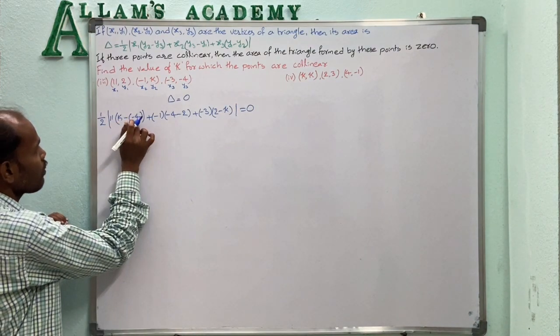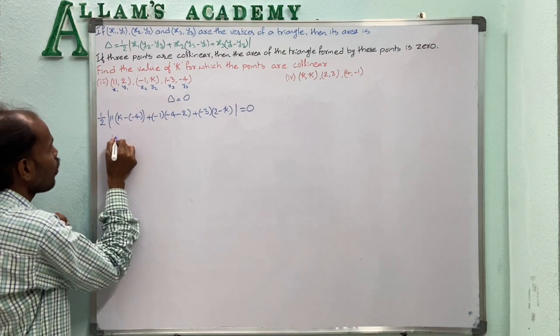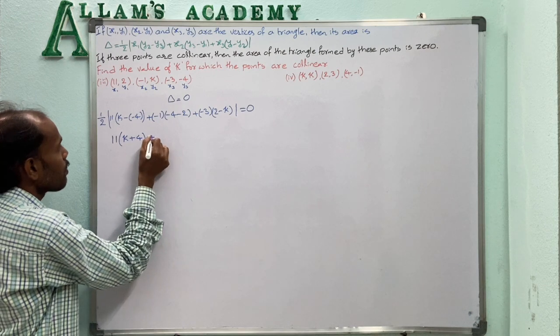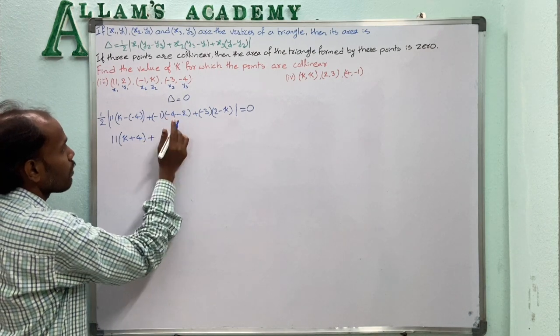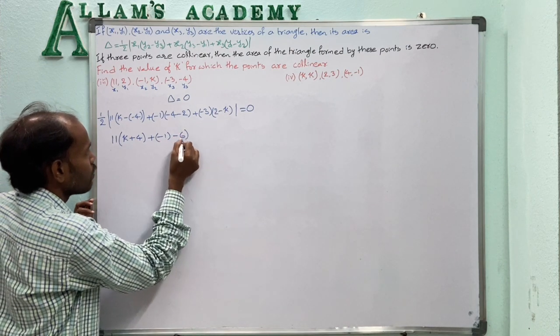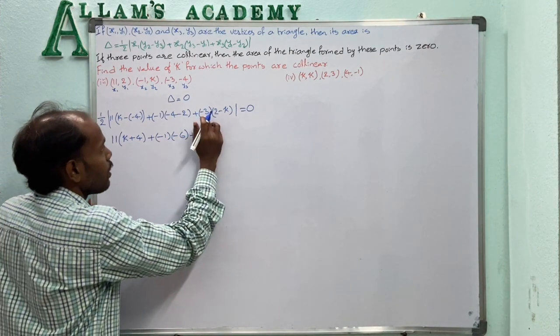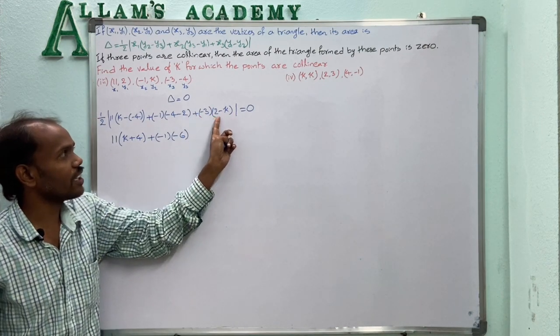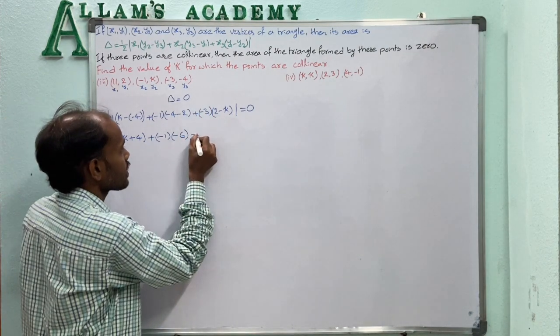So minus (-4) is plus 4. So 11 into (k plus 4) plus (-1) into (-4 minus 2), which is -6, plus (-3) into (2 minus k). Minus 3 into 2 is minus 6.